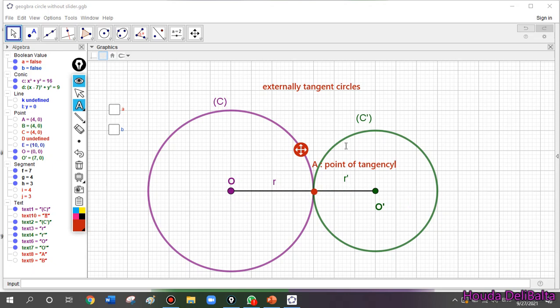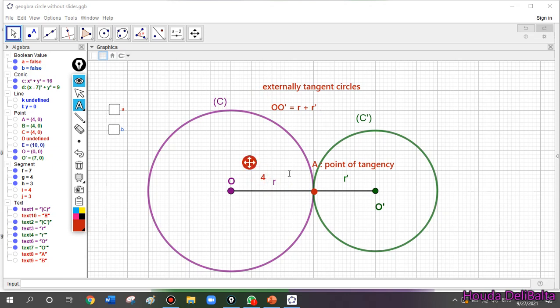When the circles are just intersecting at a single point, we call it the point of tangency, and the circles are called externally tangent. Now, what about the distance between the centers? OO prime is exactly equal to R plus R prime, because as you see here, 4 plus 3 is exactly the distance between O and O prime.